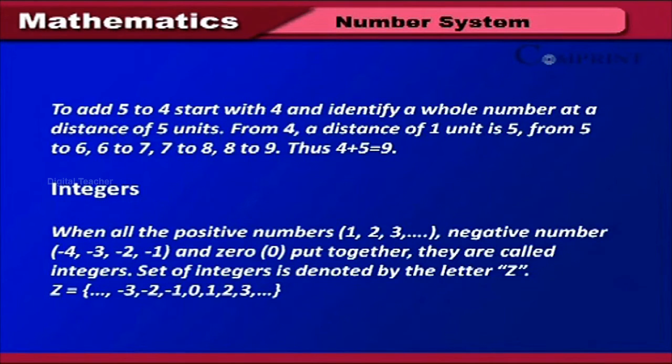Integers. When all the positive numbers 1, 2, 3, negative numbers -1, -2, -3 and 0 are put together, they are called integers. The set of integers is denoted by the letter Z. Z is equal to -3, -2, -1, 0, 1, 2, 3.